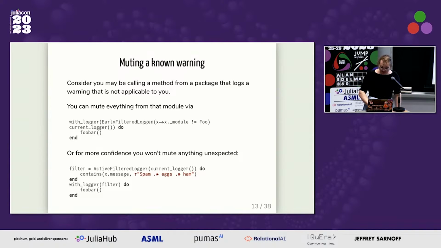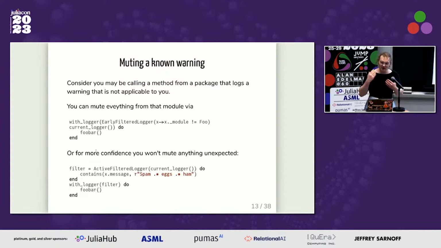And then we give it an early filtered logger, which takes a function, and that function gives you access to all of the things that I showed before. And we'll say, is the module not the Foo module? Say Foo is the one that has the thing. And then we'll ask it to have the current logger so that that's the logger we wrap. And if we do that, call the method that's giving us the problem, we can mute the method down and it's all nice and quiet.